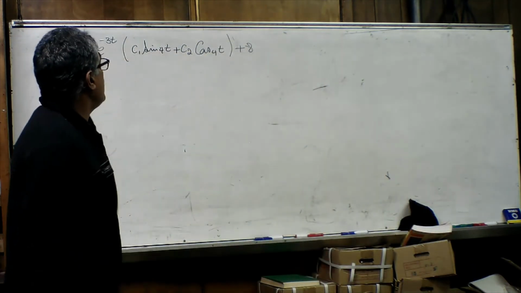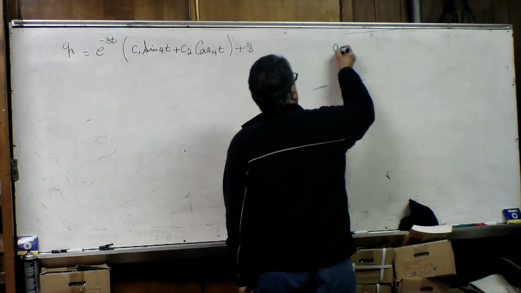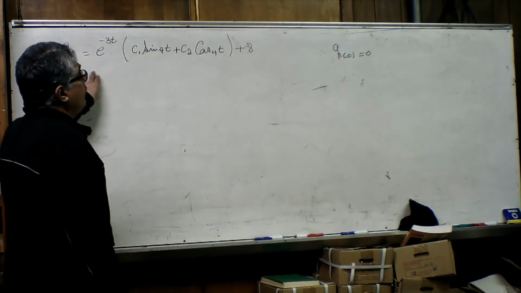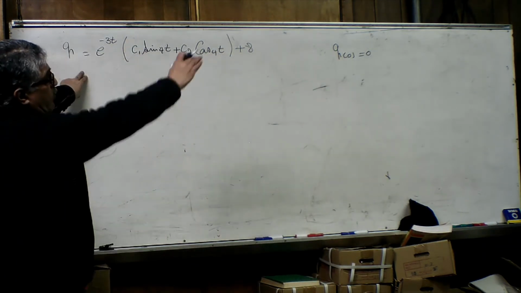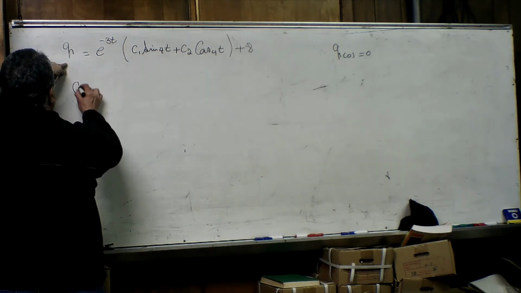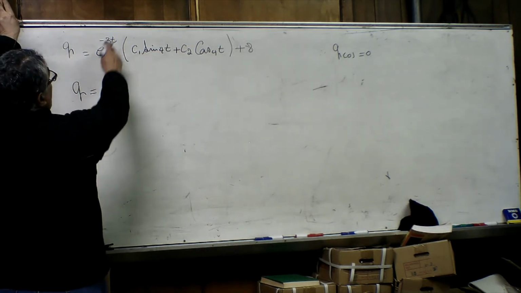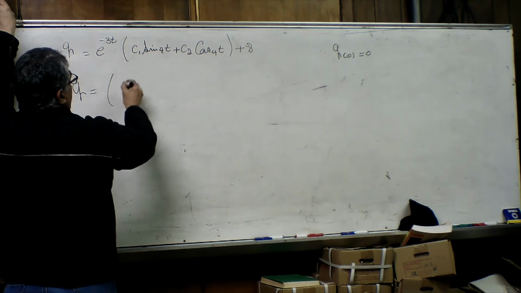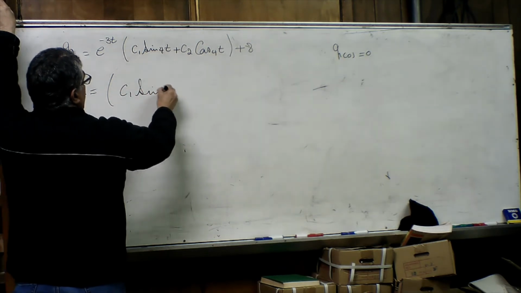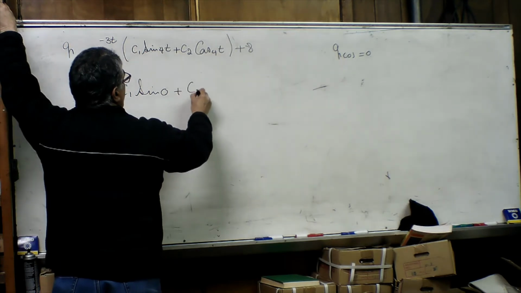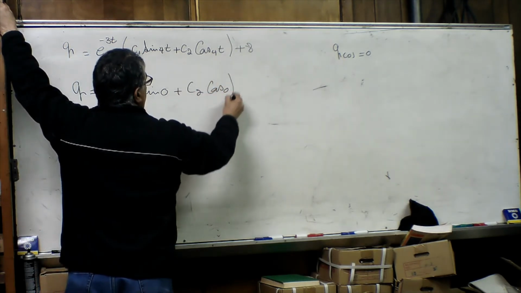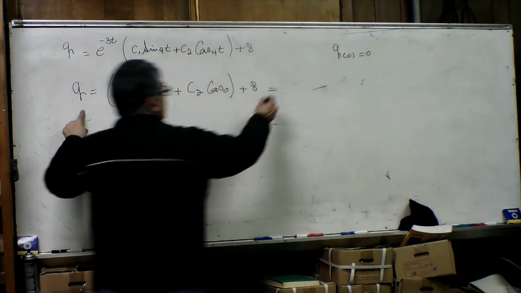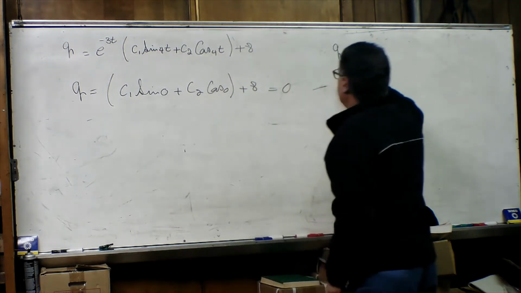Now we have the initial condition that our Q when time is 0 is equal to 0. So if we go ahead and put that value in here, our Q when time is 0, e to power 0 will be 1 multiplied by C1 sine of 0 plus C2 cosine of 0 plus 8, which is equal to 0.